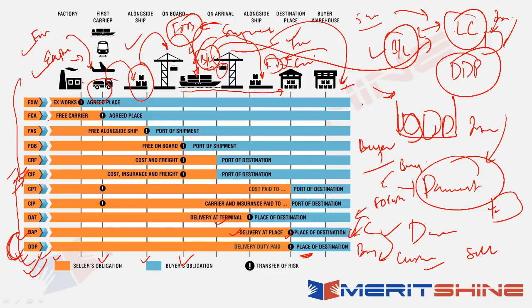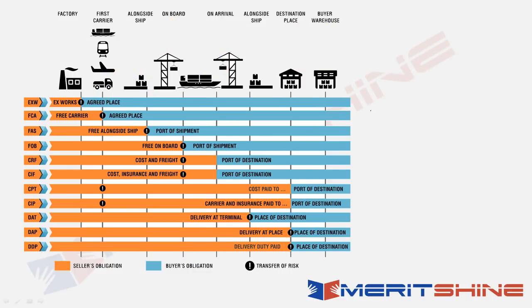If I bought it on FOB terms, whose problem will it be if I get an empty container? The carriage, insurance and freight were actually handled by me, so I will be liable. So depending upon trade terms, the risk shifts. That is what this diagram shows.